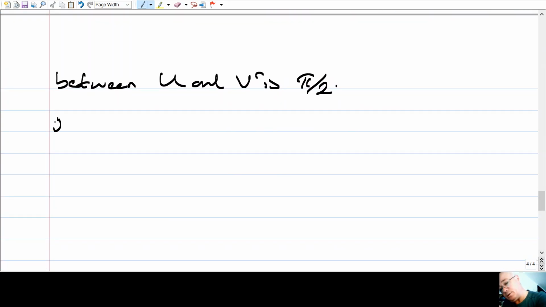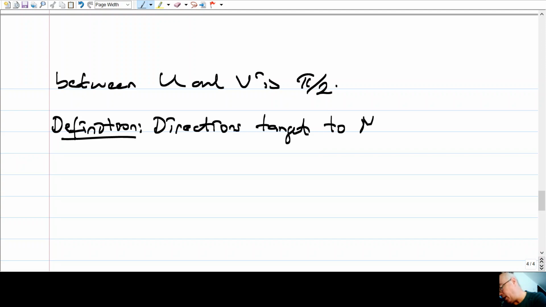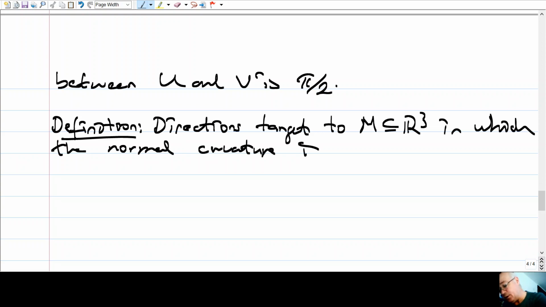Here is another definition. Directions tangent to M in which the normal curvature is 0 are called asymptotic directions.